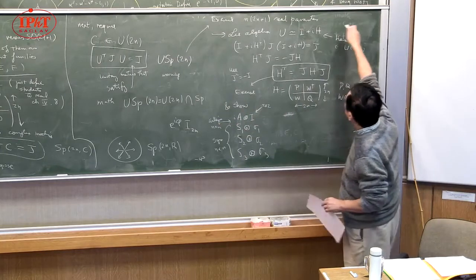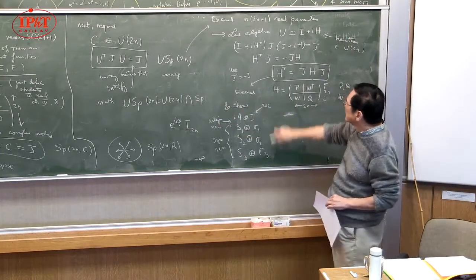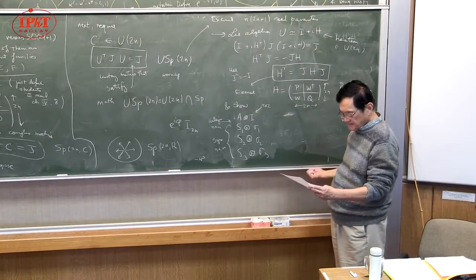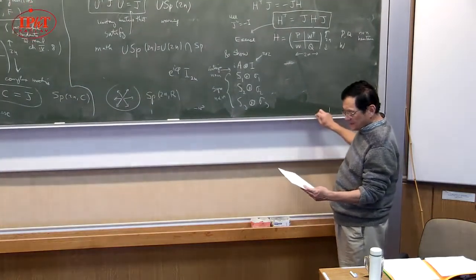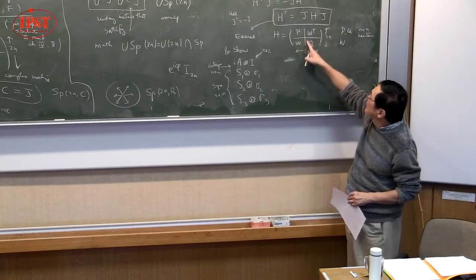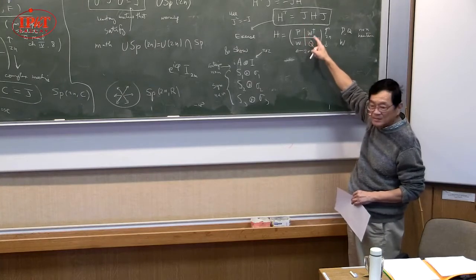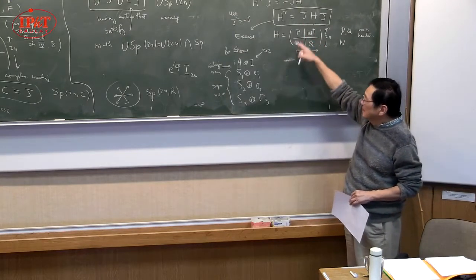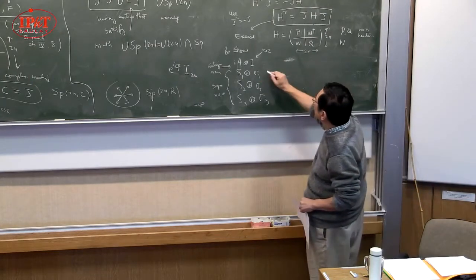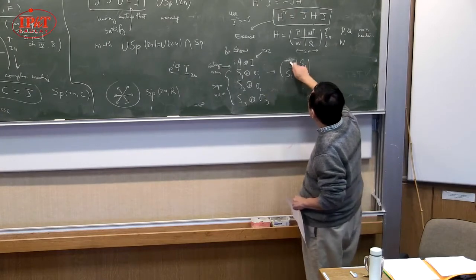You can check that the number of linearly independent matrices corresponds to this number. Is that clear? You plug this form into this equation and solve, and you find constraints on P, Q, W, and so on, and then you find that the solution is this. So for example, this guy in my notation would be S1, S1, 0, 0.